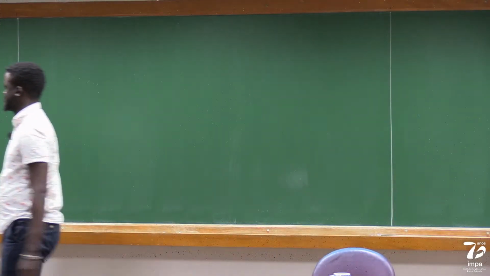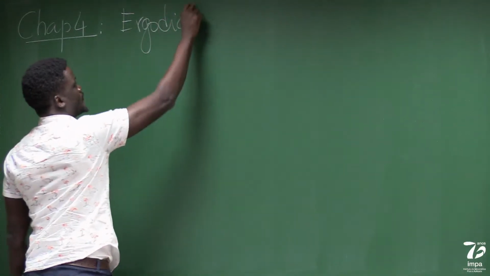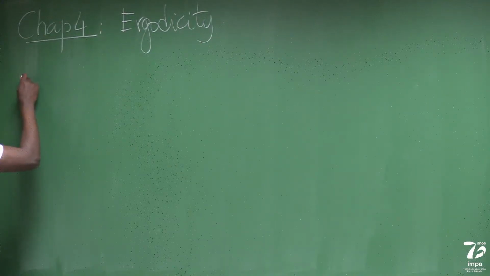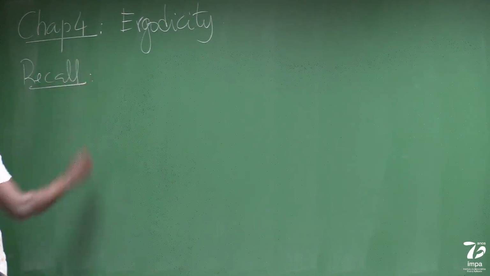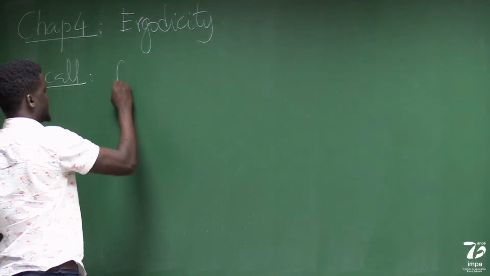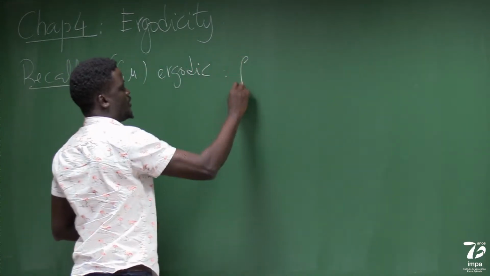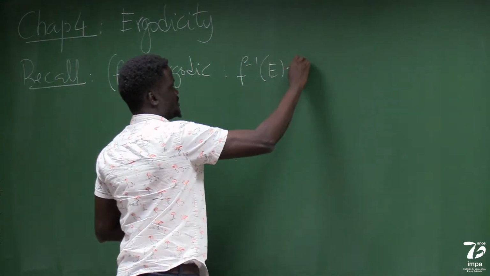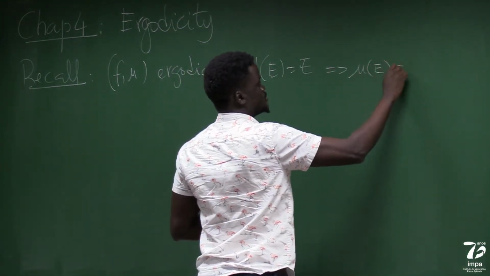Okay, let's continue on this chapter about ergodicity, chapter 4. So recall from the last lecture, first of all, ergodicity means that f^{-1}(E) = E implies that mu of E equals 0 or 1.